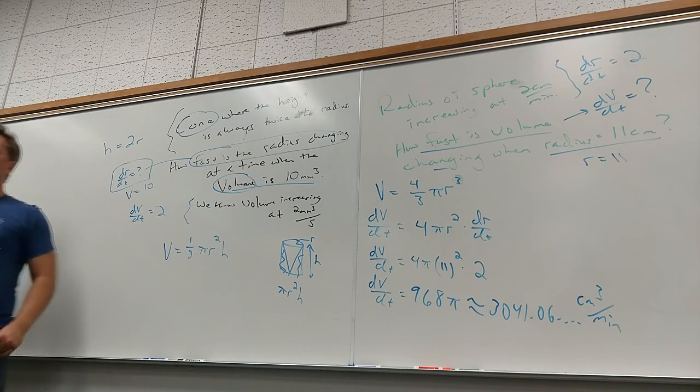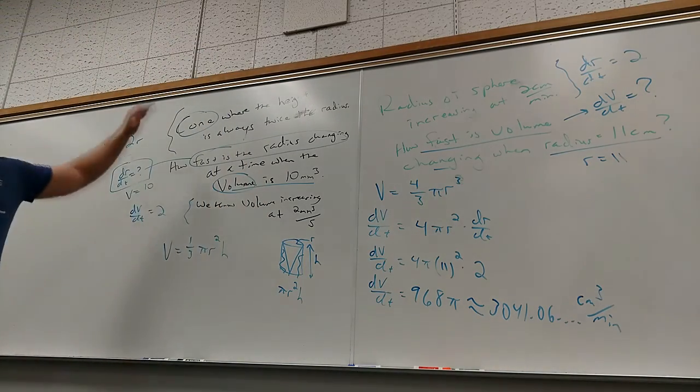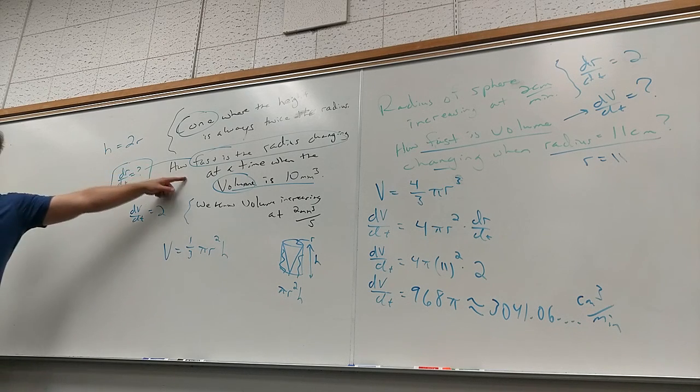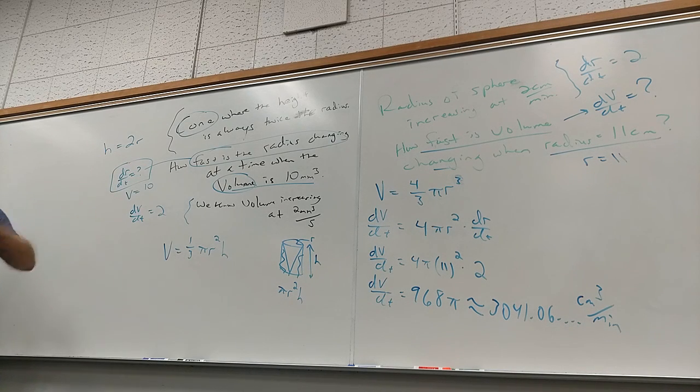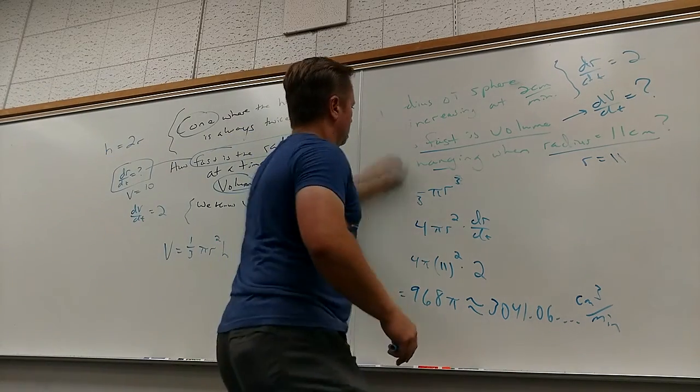You guys are excited. So most of your problems are going to deal with doing this kind of thing. The first step is really just summarizing what they told you, translating from English to math what they tell you, so then you can use it. So let's do it over here.